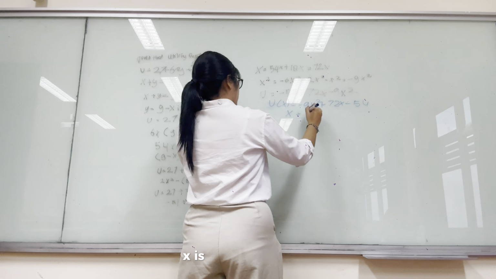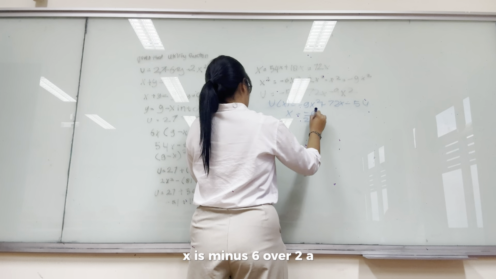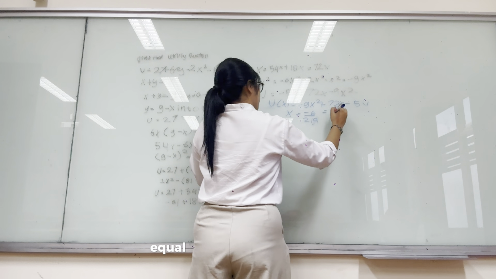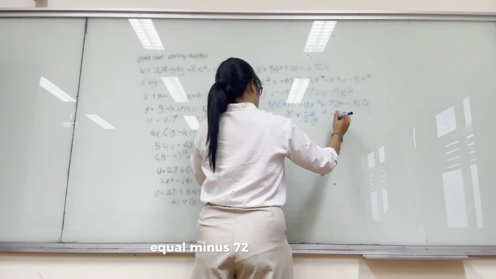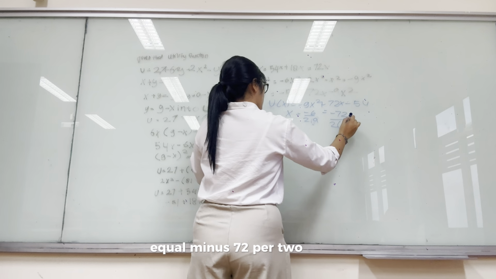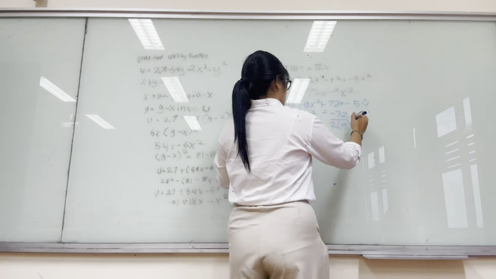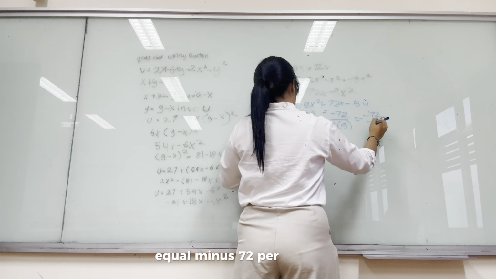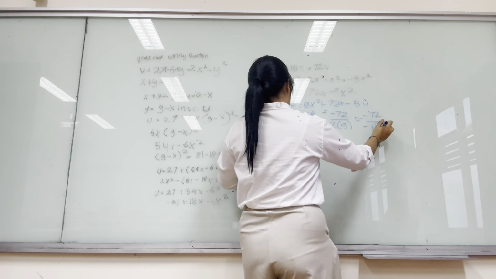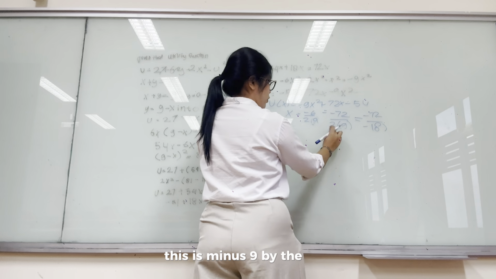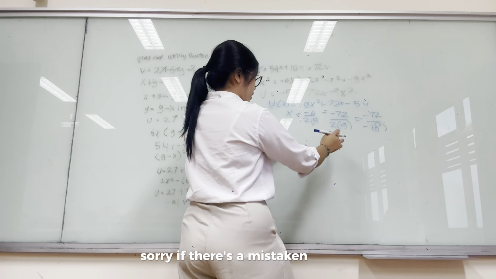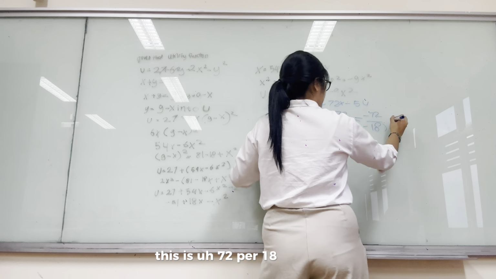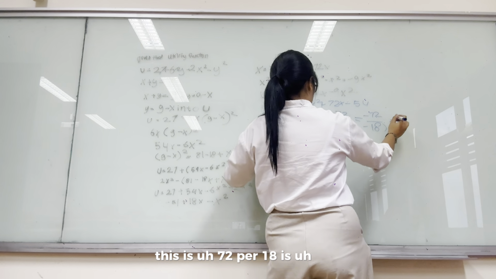x is minus b over 2a, equal minus 72 over 2 times minus 9, equal minus 72 over minus 18. This is minus 9, by the way. Sorry if there's a mistake. And this is 72 over 18, which is 4.